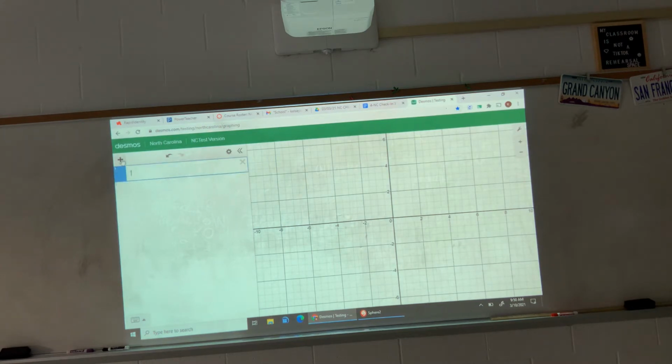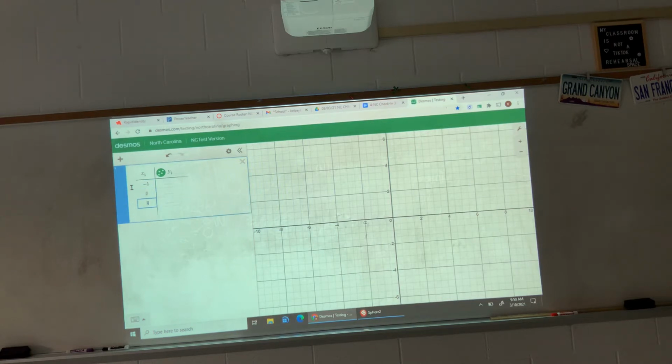I'm going to come to create a table, and my x values I'm going to put on the left-hand side, so -1, 0, 1, and 3. Over here I'm going to do -2, -1, 0, and 2.